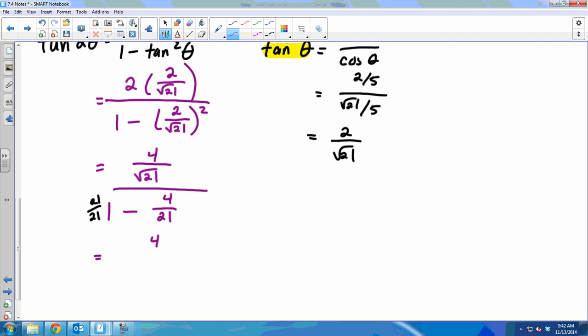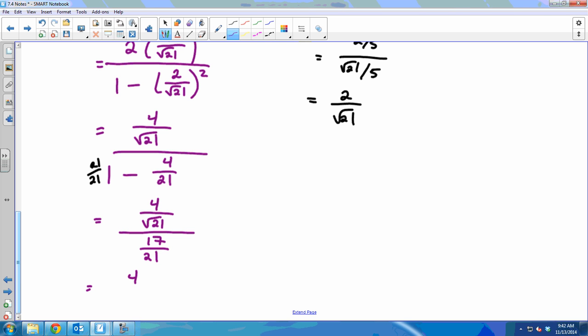So you have 4 over the square root of 21. 21 minus 4 is 17, so 17 over 21. Multiply by the reciprocal.